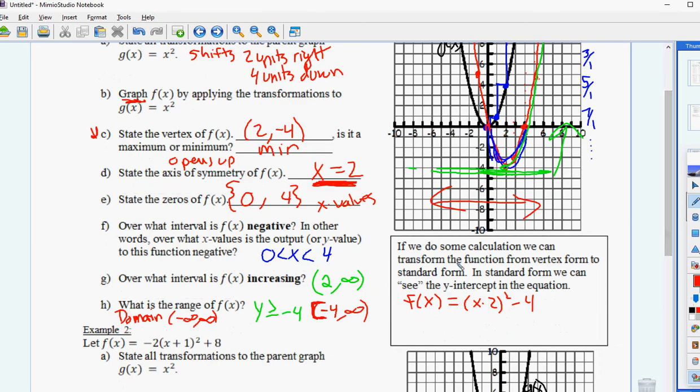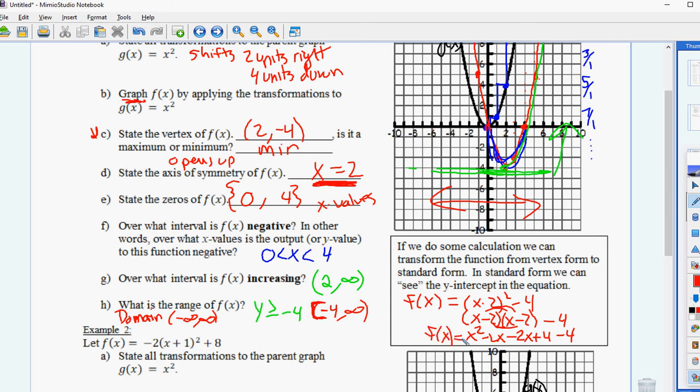So if I simplify this, if I do x minus 2 times x minus 2 and then minus 4 afterward, I'd do like the distributive property or the box method to get x squared minus 2x minus 2x plus 4, and then don't forget this minus 4 at the end.